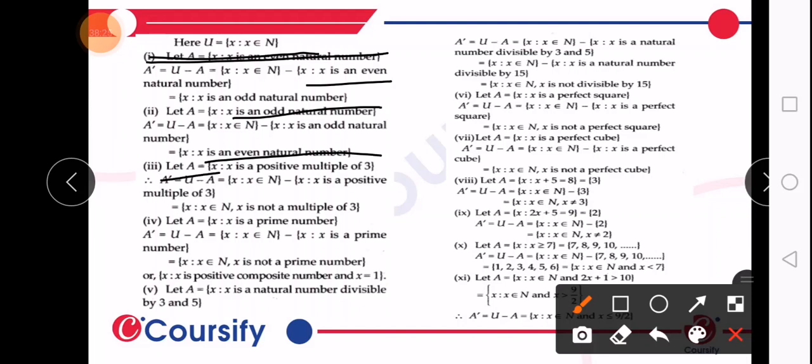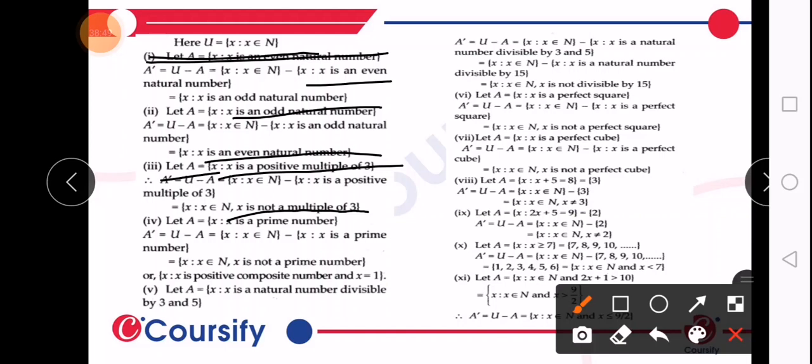If a is a positive multiple of 3, the complement of such a set would be the numbers x which are not a multiple of 3. If a number is a prime number, then the complement of such a set would be not a prime number, or a composite number.